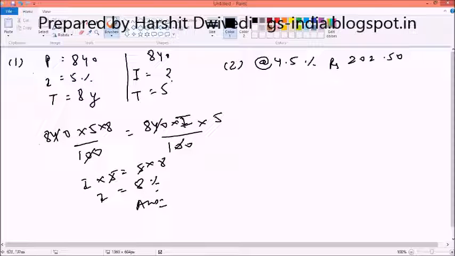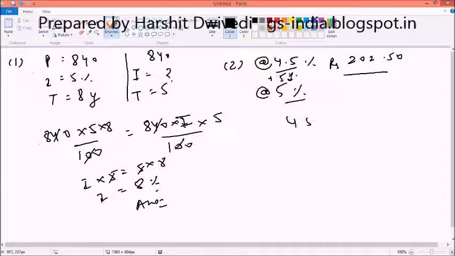Now that is basically saying that if we calculate the simple interest at the rate of 5%, this is 4.5%, this is 5%, how much increase is there? 0.5% increase is there. So in order to find this plus 0.5%, we can just say that this 202.5 is the interest earned.